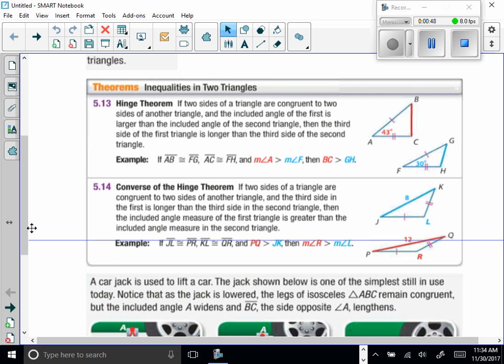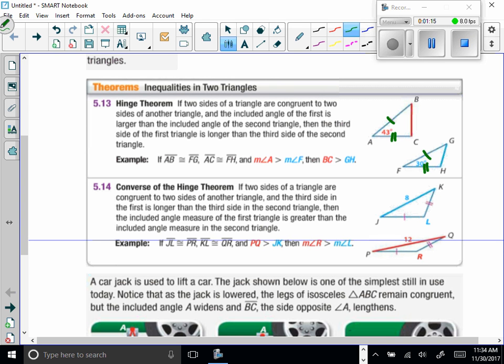The hinge theorem says if two sides of a triangle are congruent to two sides of another triangle. So in the first triangle we have AB, and in the second one we have FG, and those sides are congruent. And we have AC in the first triangle and FH in the second triangle. So we have two pairs of congruent sides, not the third side, but at least two pairs.